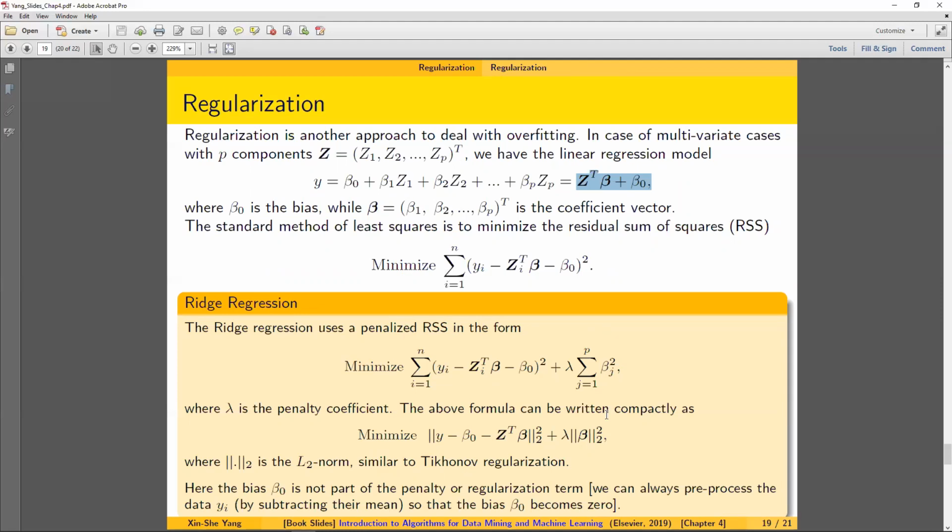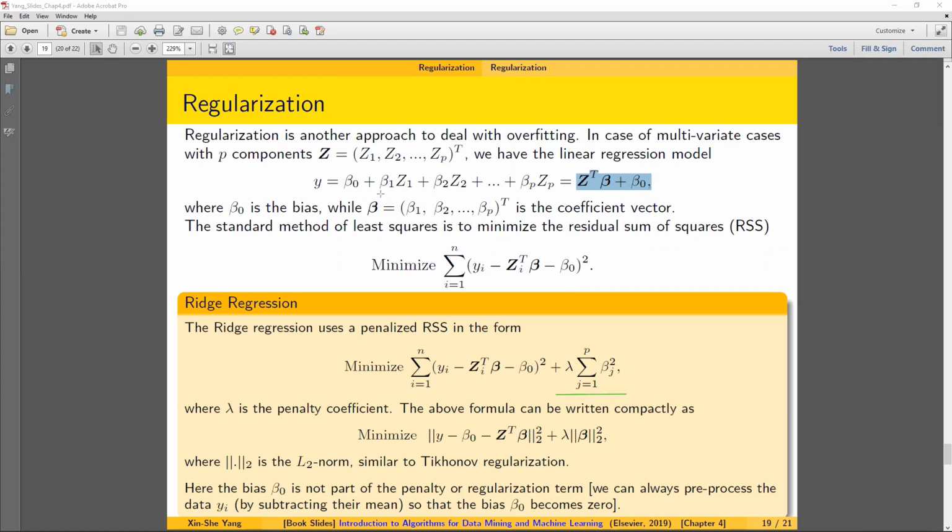For linear regression, what we're trying to do is minimize the residual sum of squares. However, you can have a new type of regression that considers regularization. For example, here we call it ridge regression. Ridge regression uses a penalized RSS, residual sum of squares, where the first component is identical, but you get a second component: lambda times beta j squared, summed up.